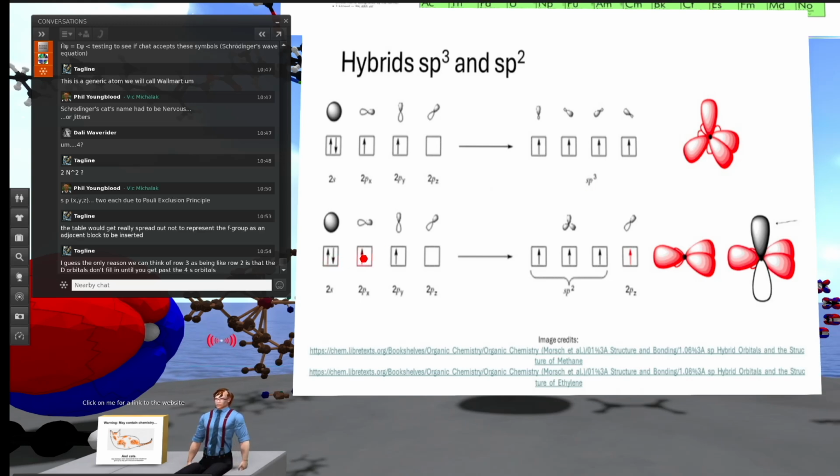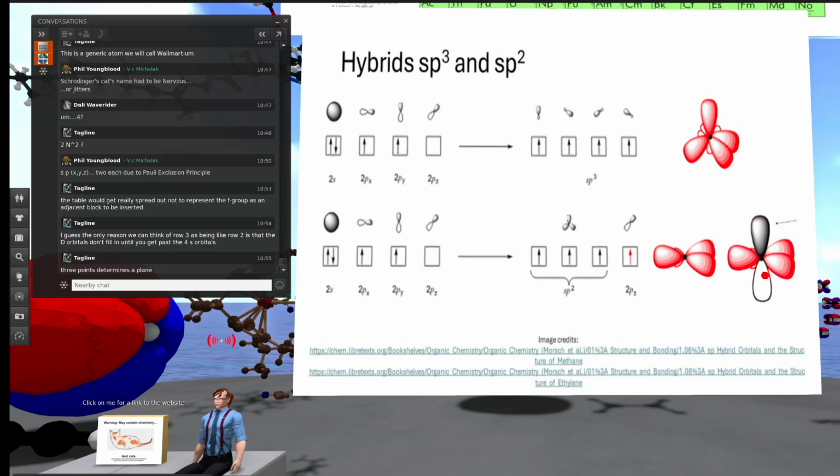You can mix 3, and if you mix 3, the spherical one, the dumbbell in the X direction, and the dumbbell in the Y direction, you get 3 lobes, but they're confined to the XY plane. The dumbbell along the Z axis is unaffected, and that's what I've drawn in gray here.